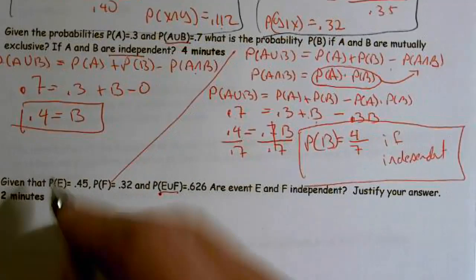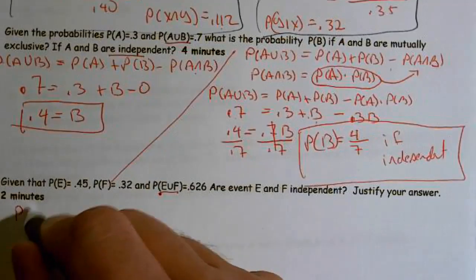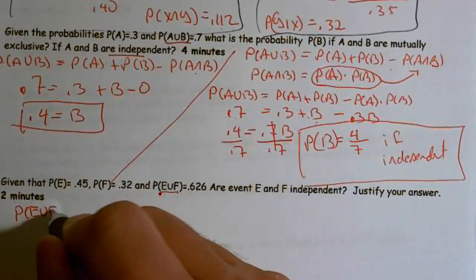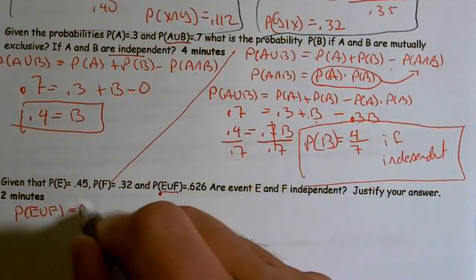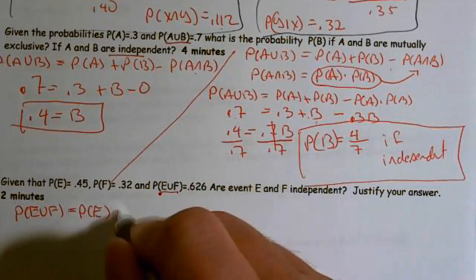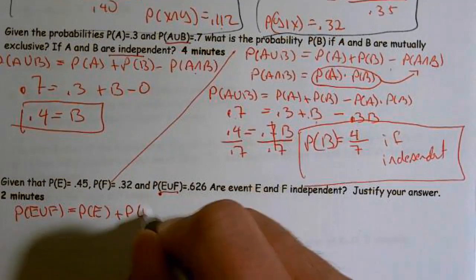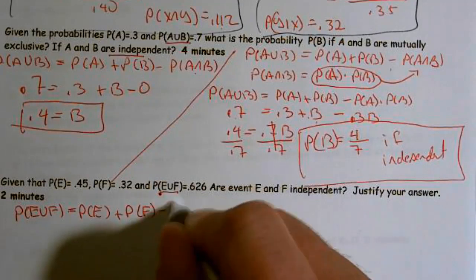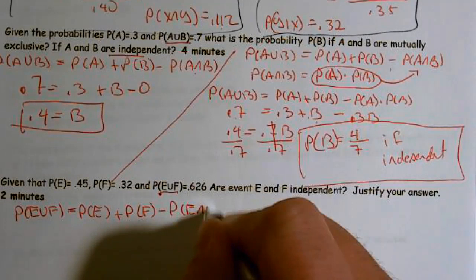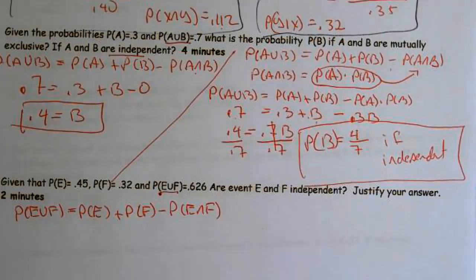With this formula, I can go, okay, probability of E union F equals the probability of E plus the probability of F minus the probability of E and F. And I plug in. And once again, I didn't have to write this formula, but I definitely need to show all the work that goes with it.